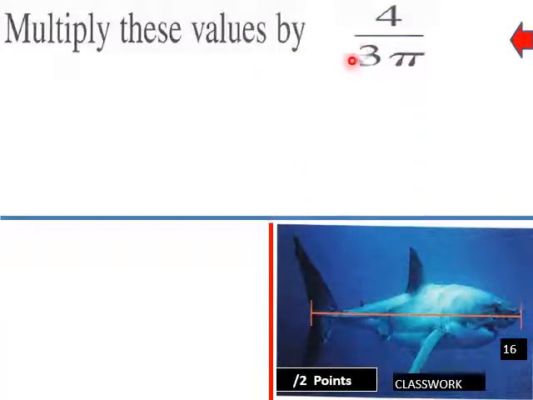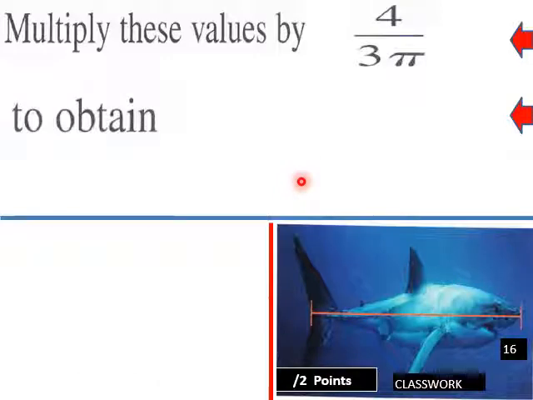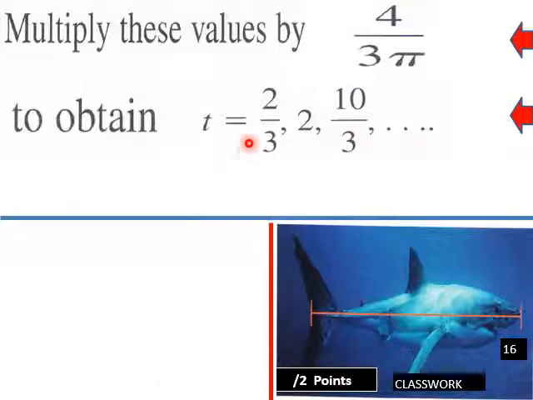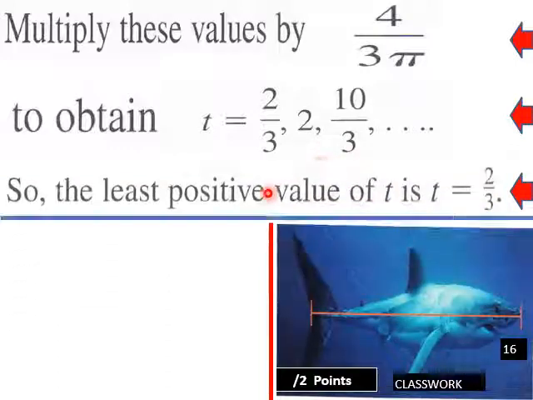Multiply these values by 4 over 3 pi to obtain t equals 2/3, 2, and 10/3. So the least positive value of t is t equals 2/3.